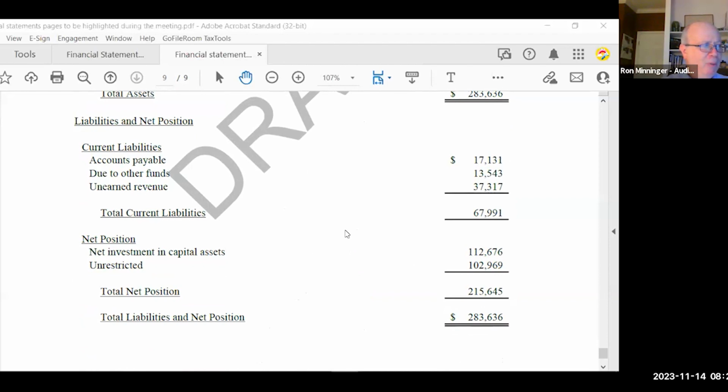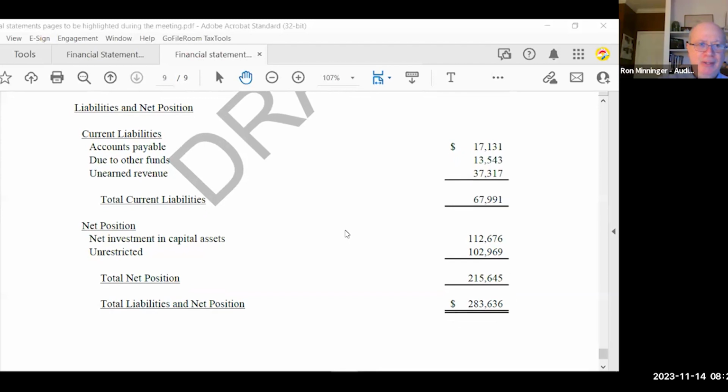There are a few open items. One will need a legal letter from the solicitor, but we always wait until the very end of the audit to obtain that. I understand that there are no legal issues that would need to be disclosed in the financial statements.